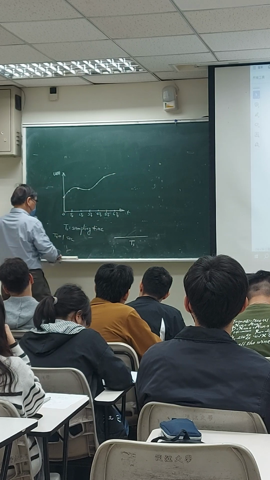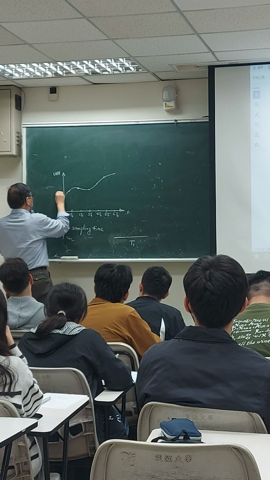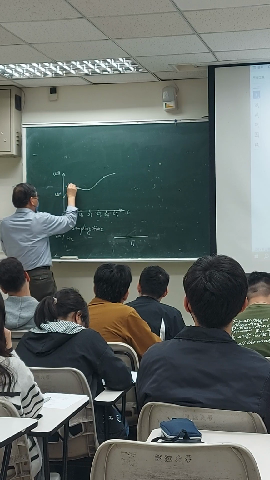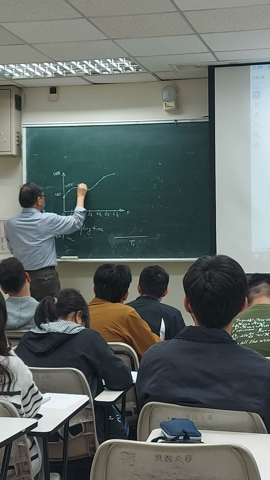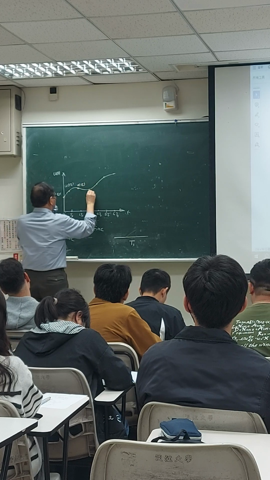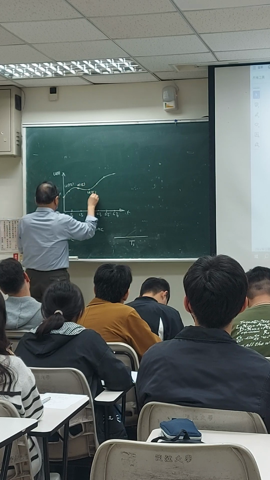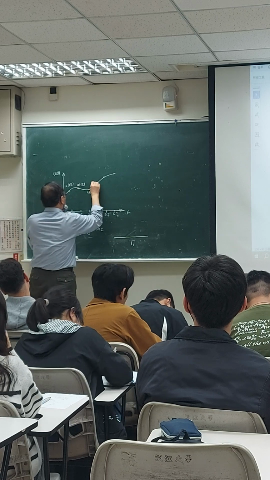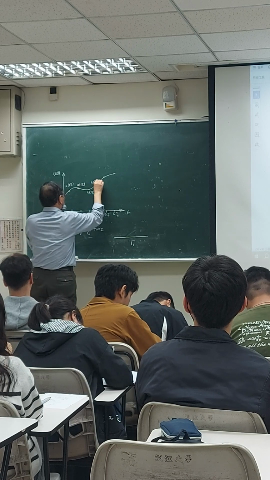So the notation is U of 0, U of 1 times ts, U of 2 times ts, U of 3 times ts, and U of 4 times ts.